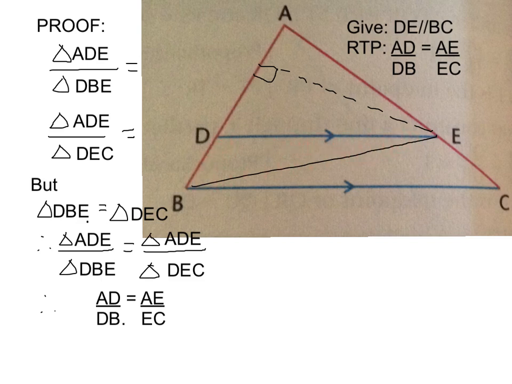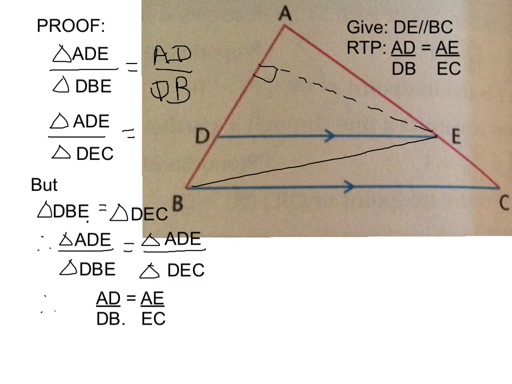And what we've seen on the previous page is that those areas will be in the same ratio as their bases, and their bases are AD and DB. So we have the area of triangle ADE over triangle DBE is equal to AD over DB. And the reason that I would use there is triangles have common vertex.